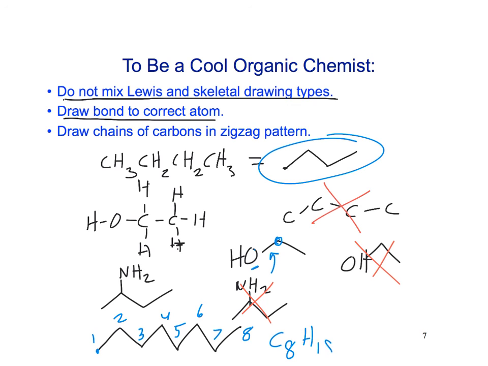H, 18. We'll learn in the next chapter, or maybe in 2 chapters, that the reason that we draw this in a zigzag like this is because it's the best way to simulate the correct bond angles between those carbon atoms. All right, so let's try one final problem.